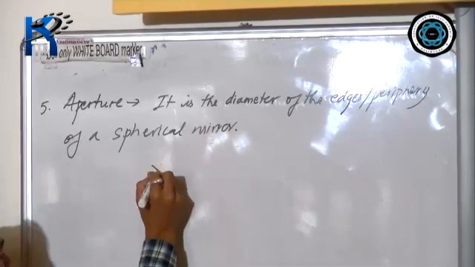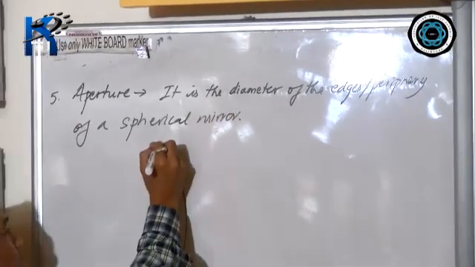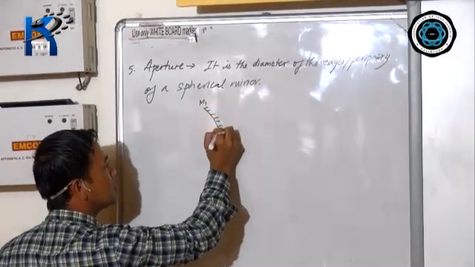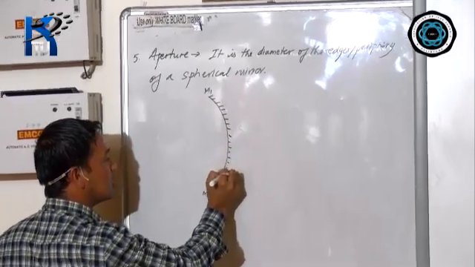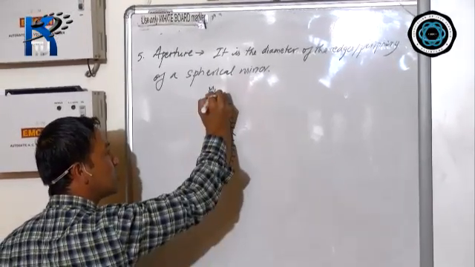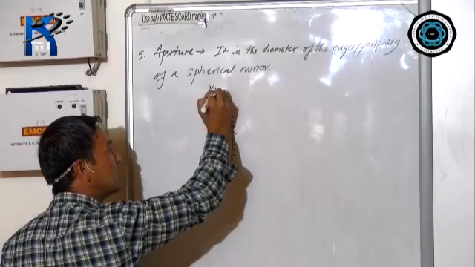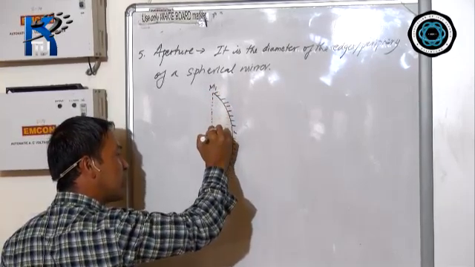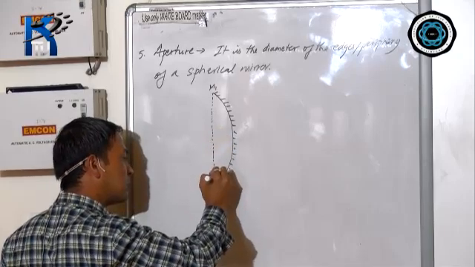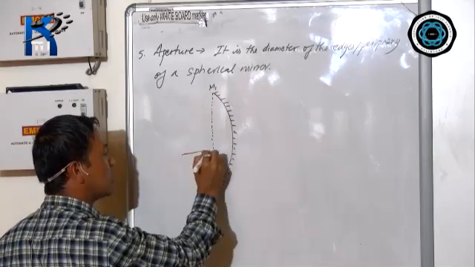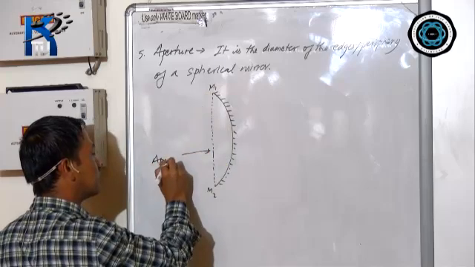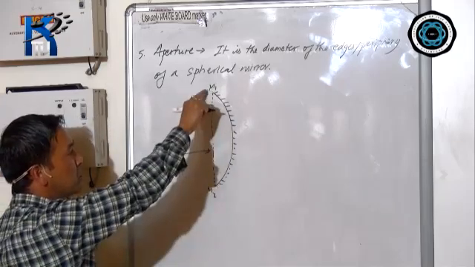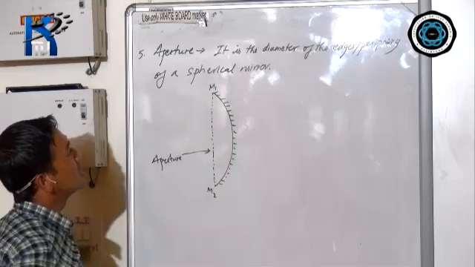Let me take a concave mirror with M1, M2. For this concave mirror, I take M1 and M2 as the edges. So I can draw an imaginary line. This line acts as a diameter, and this line is basically called the aperture. So an aperture is the diameter of the periphery or the edges of a concave mirror.